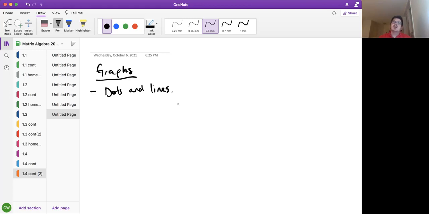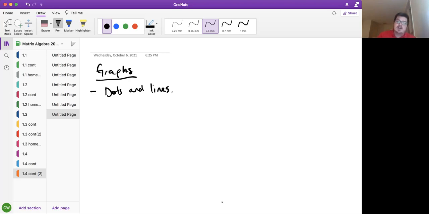And we can actually use matrix algebra to talk about properties of graphs. So with graphs, you might think of computer networks, Instagram or Facebook, people you follow. There's a graph going on there. Once we explain what a graph is, you'll see why that's true.